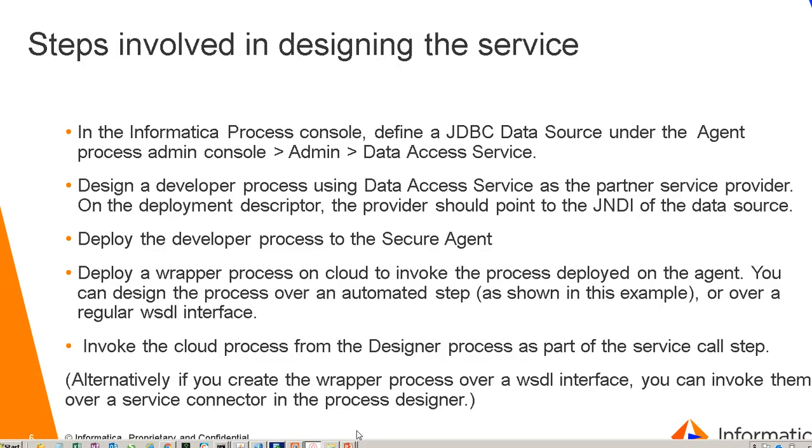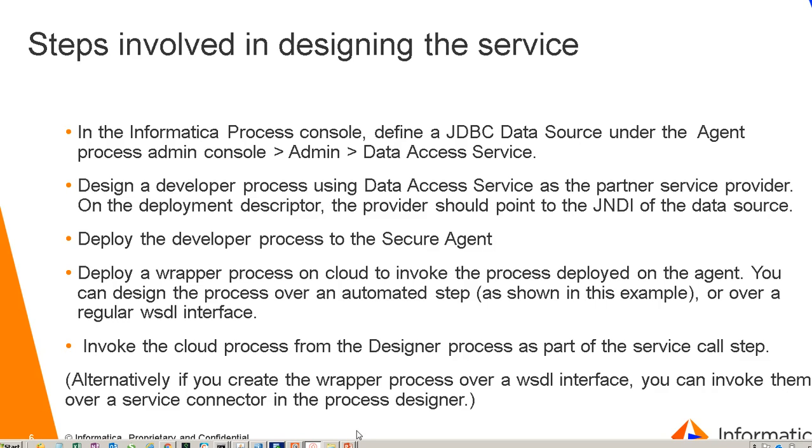Now, quickly going through the steps involved in designing the Data Access Service: you would first go to the Informatica Process Console and define a JDBC data source under the specific location as mentioned here, and you have an option to even test whether the data source works.